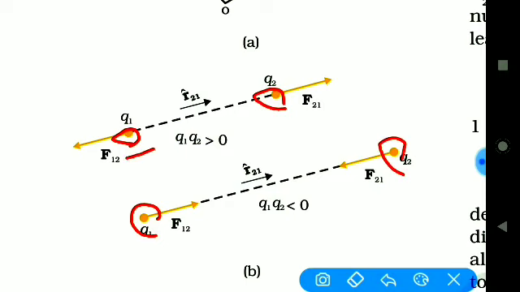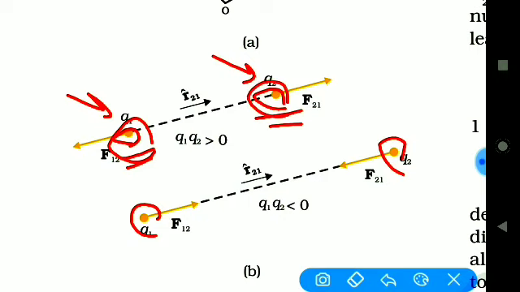If there are like charges, that means if both Q1 and Q2 are positive, then they will repel each other, as well as if both these charges are negative, then also they will repel each other. And if one of the charged particles is positive and the other is negative, then the force between them is attractive. So here the direction of force is very important, and so Coulomb's law in vector form is very important.